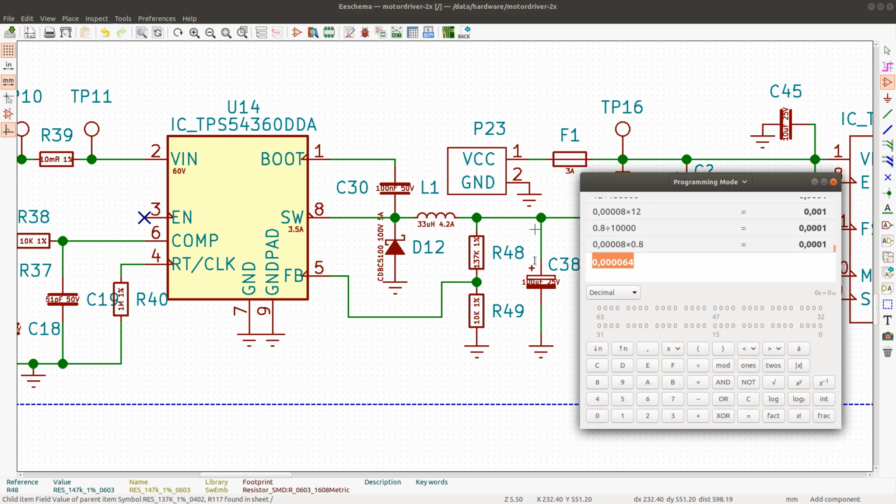And so the output voltage will then be, if we have 0.8 volts here, so we have 0.8 equals 10 divided by 147 times 12, which should be our voltage here.